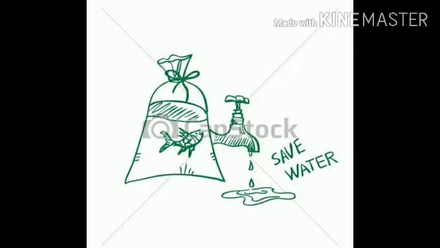So now, as this is your drawing period, we are going to color one of the water animals. Can you guess which water animal this is? This is a fish. So let's start the coloring of the fish, which is a water animal.